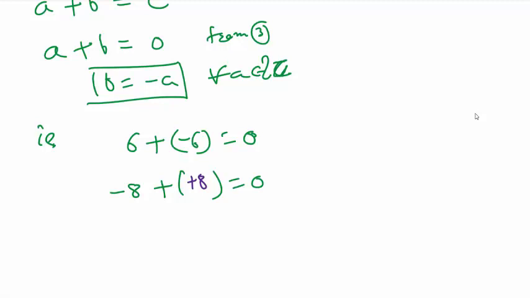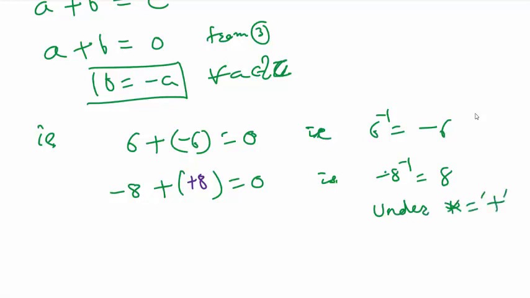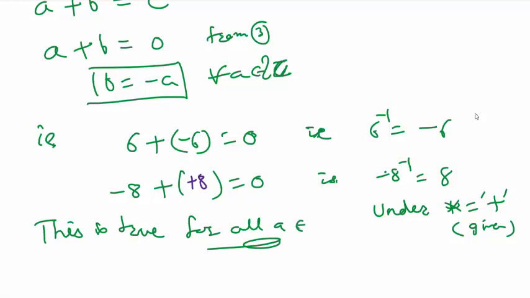That means 6 inverse is equal to minus 6, and minus 8 inverse is equal to 8. Under addition, star is addition, the given binary operation. This is true for all a. For each element there exists an inverse. So the inverse property is satisfied.